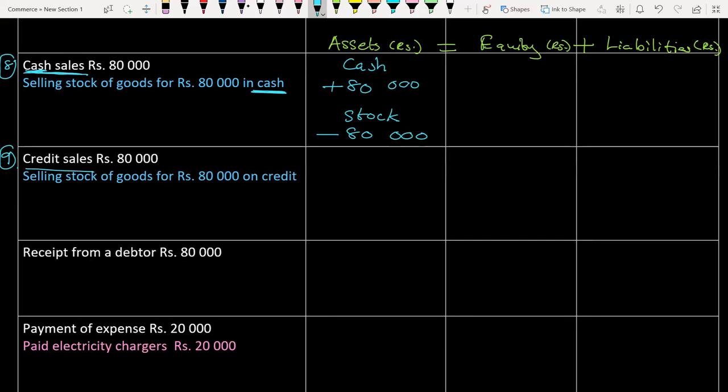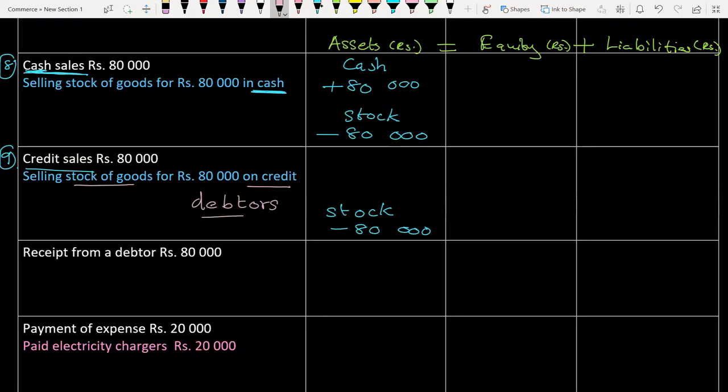If the business sells stock on credit, here again, the stock of the business will reduce by rupees 80,000. So what is the other impact? So when a business sells stock on credit basis, business's customer will become a credit customer. This means the customer owes to the business. So we call them debtors. The customers who owe to the business.